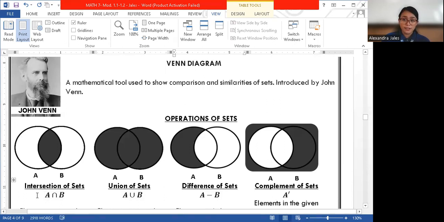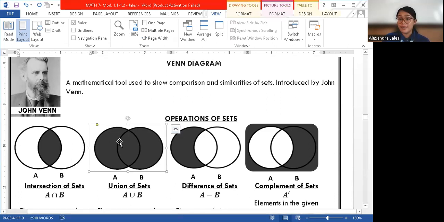We will answer problems later on, or word problems and situations, and we will apply the operations of sets. We also have here your union of sets. If you could see, all of this area is shaded, right?